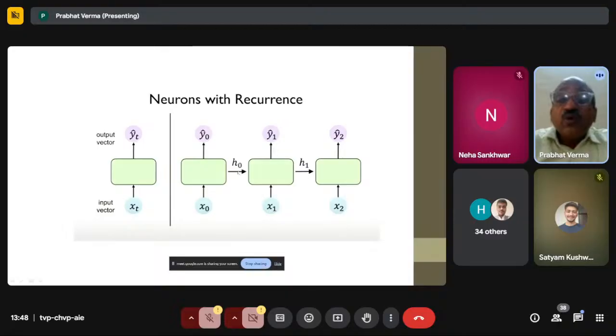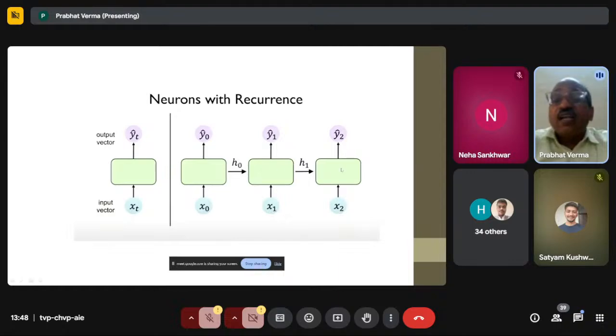We are showing it through a hidden variable h0. It means that the neuron at time step 0, x0, is feeding forward its information to the next sequence neuron in the form of this h0, which is the hidden variable, which is transferring its information, or you can say its context, to the next neuron.